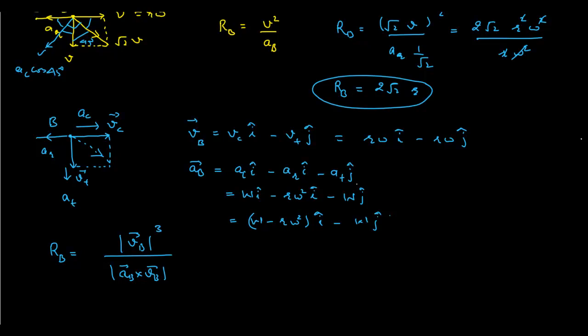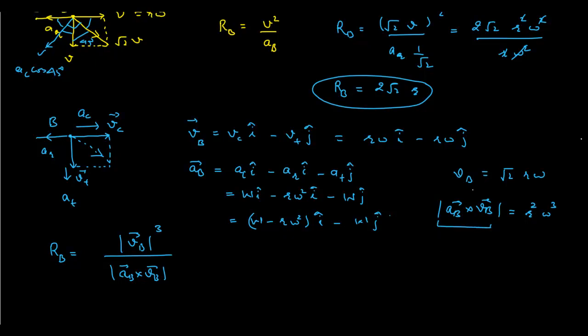So the magnitude of VB is equal to under root 2 R omega, and AB cross VB, if you solve it, you will get R square omega cube. Clear? This you can solve.